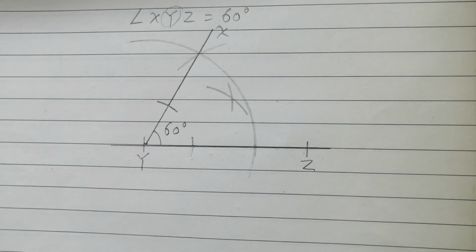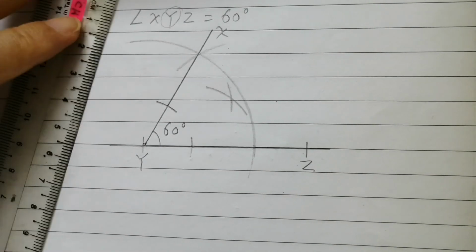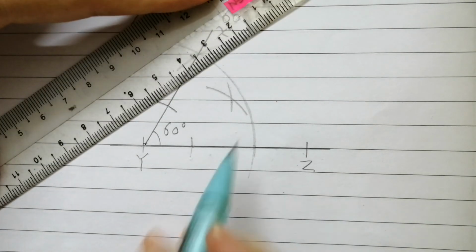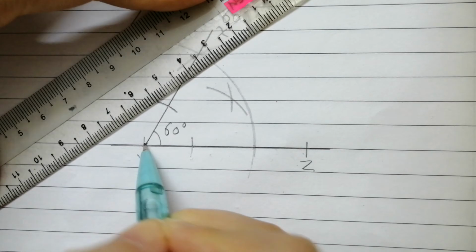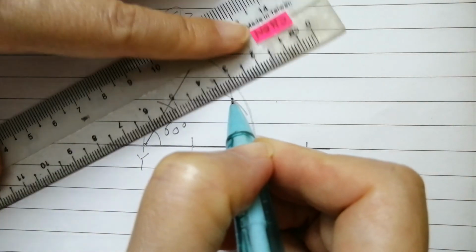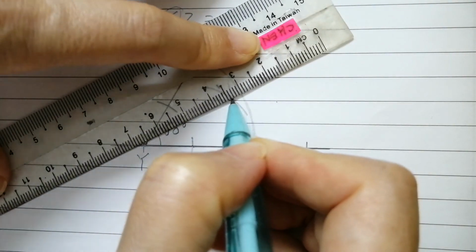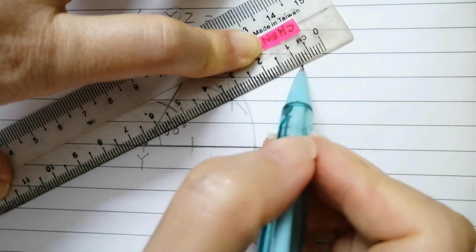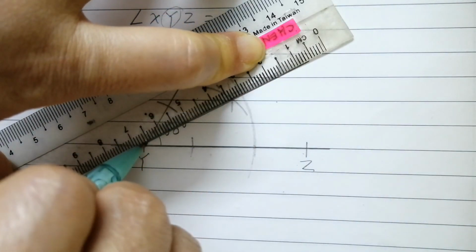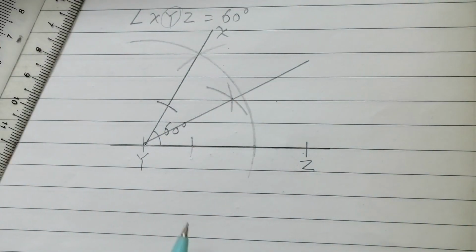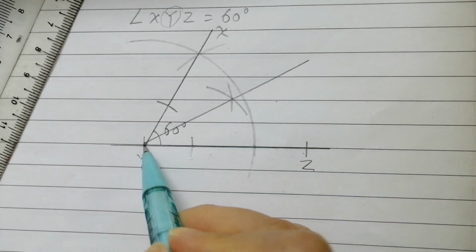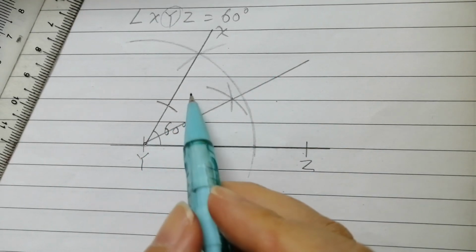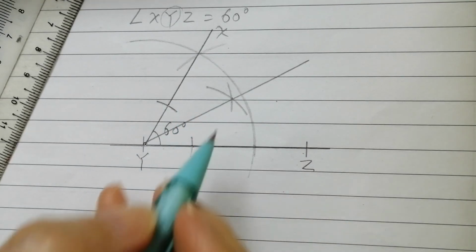Okay, after this I will use my ruler to join the intersection point with point Y. So now I already split the angle 60 into two equal parts.